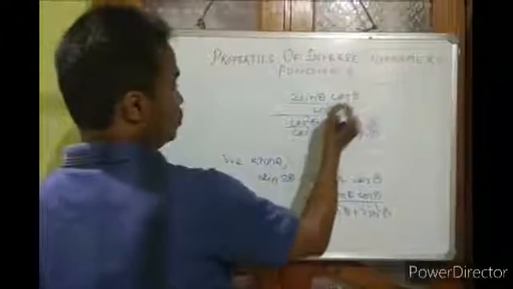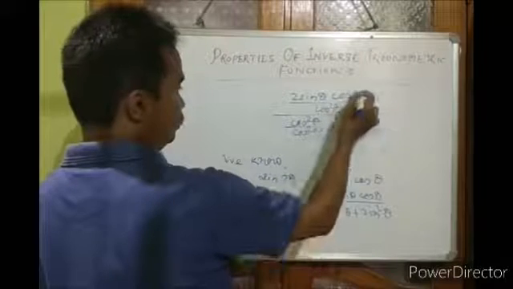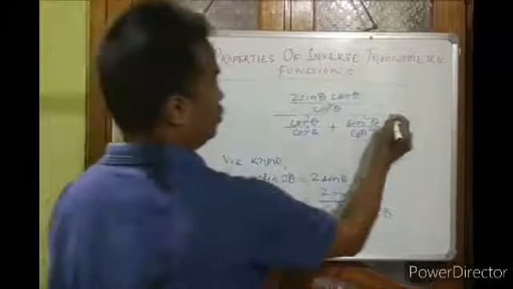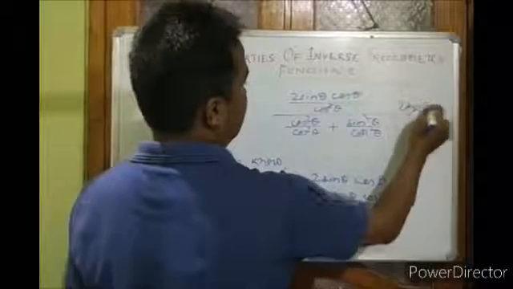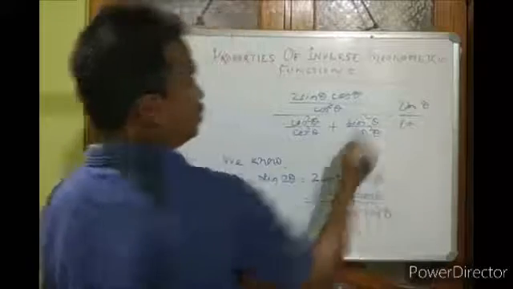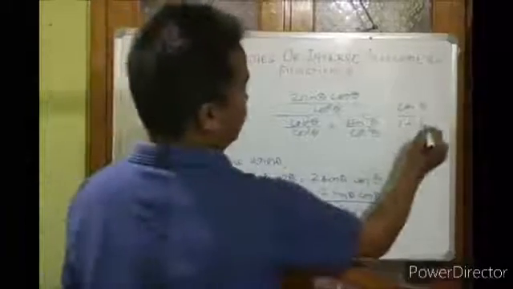So you see cos theta, this is cos square theta, this cancels, so it is 2 sin theta by cos theta, which is equal to 2 tan theta, and here cos square theta by cos square theta is 1, and sin square theta by cos square theta is tan square theta.